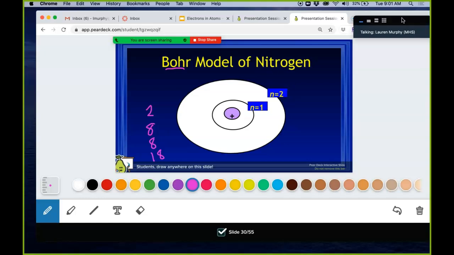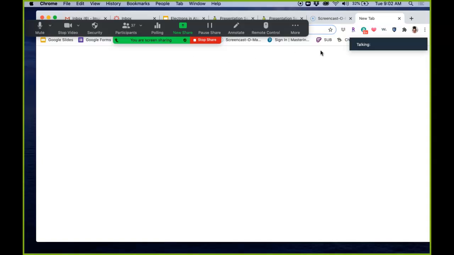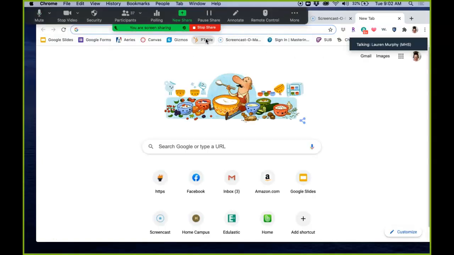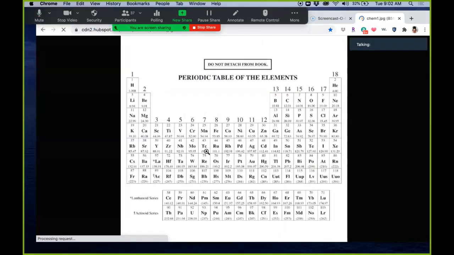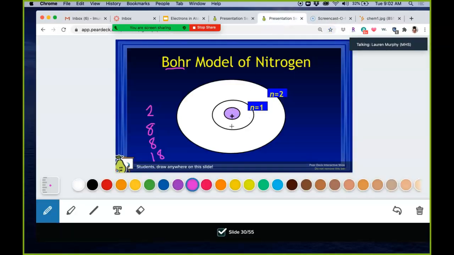So let's find nitrogen on our periodic table. Sorry, I'm trying to pull up my periodic table. All right, nitrogen is atomic number 7, and as long as it's neutral, it will have 7 electrons. So I'm going to fill in the Bohr model of the atom. I get to put 2 electrons, these little circles, on my first ring.